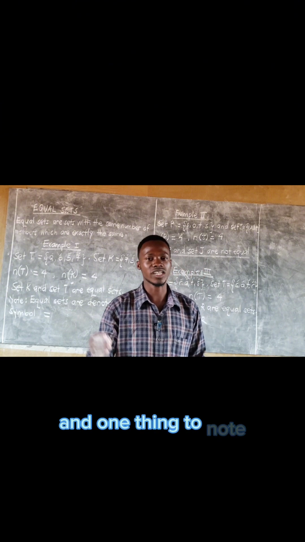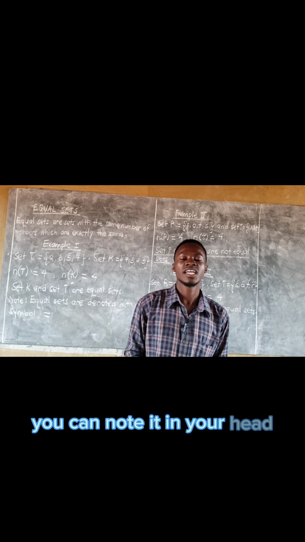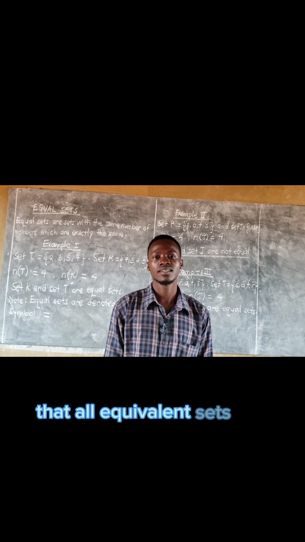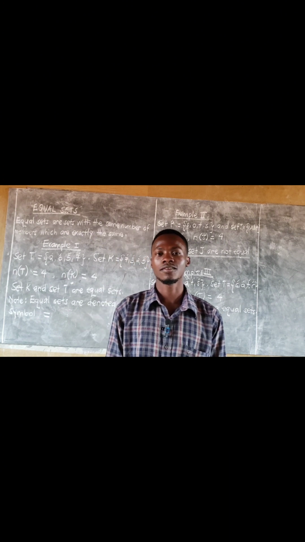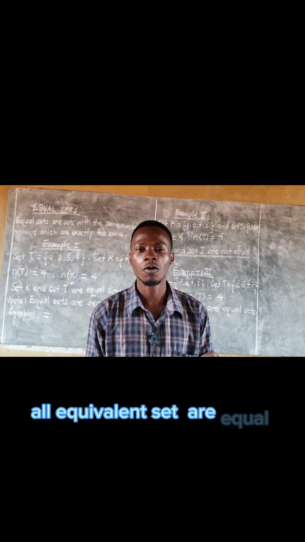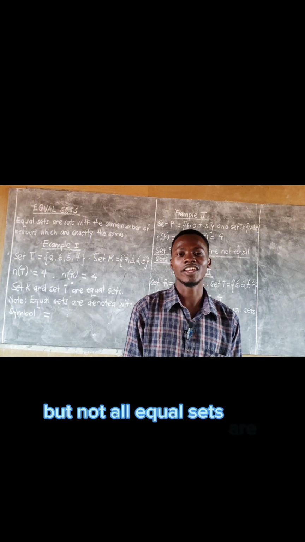And one thing to note, you can note it in your head, that all equivalent sets are equal sets. Quote me right. All equivalent sets are equal sets. But not all equal sets are equivalent.